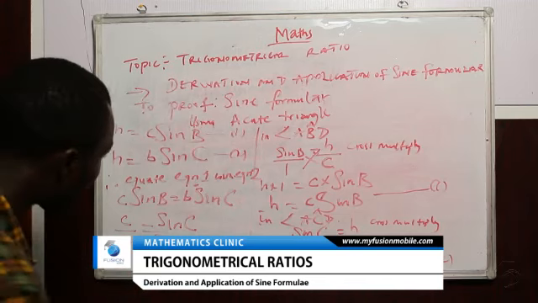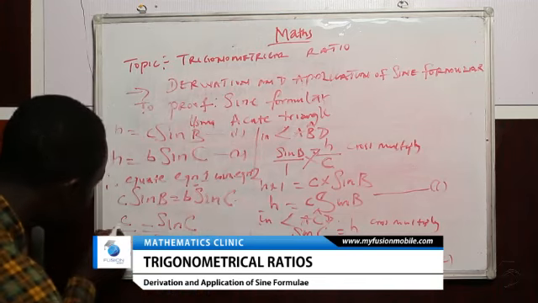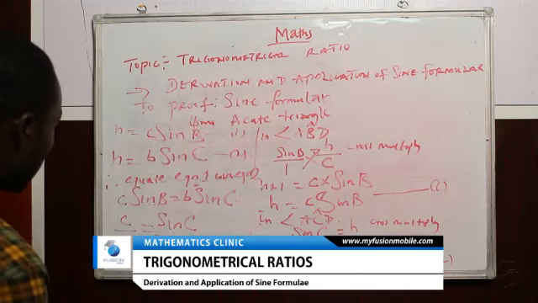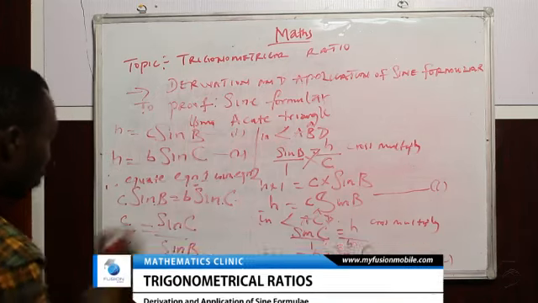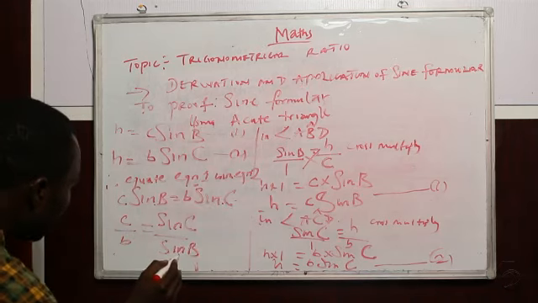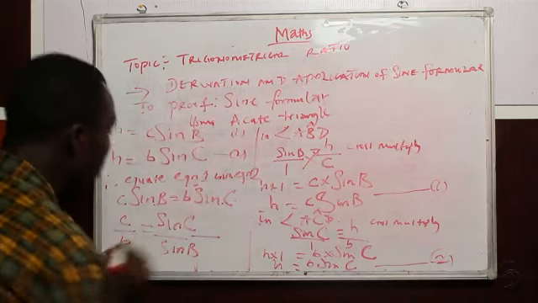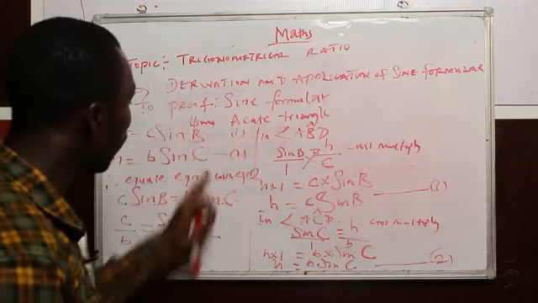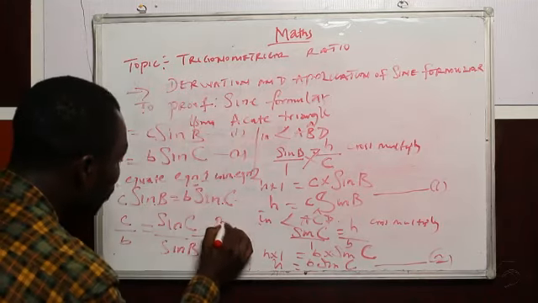When you cross multiply, this is the equation that we form. c times sine B gives you this, and b times sine C gives you this. This is the sine formula. This formula has been proven to be correct.